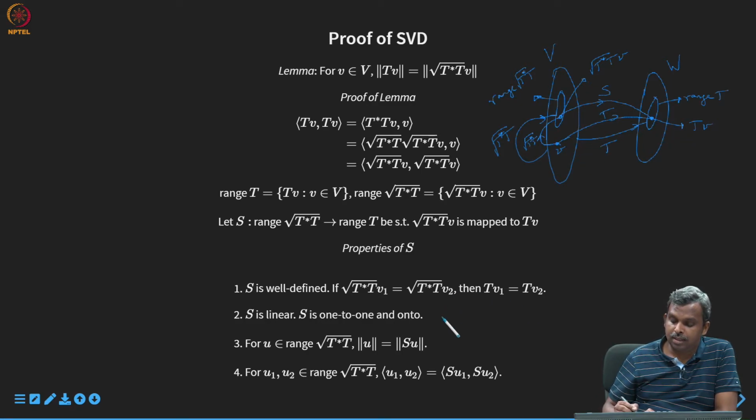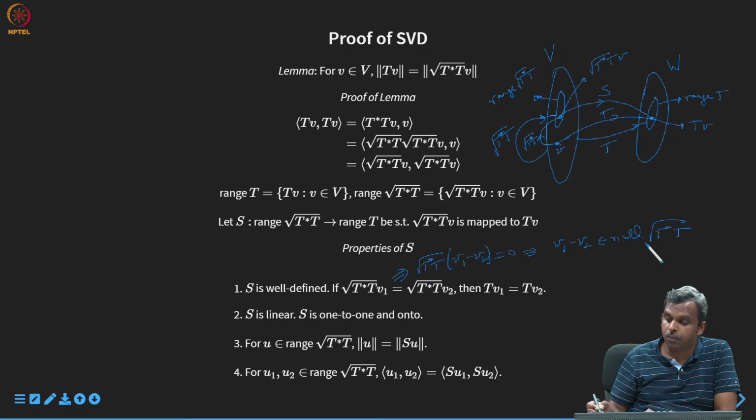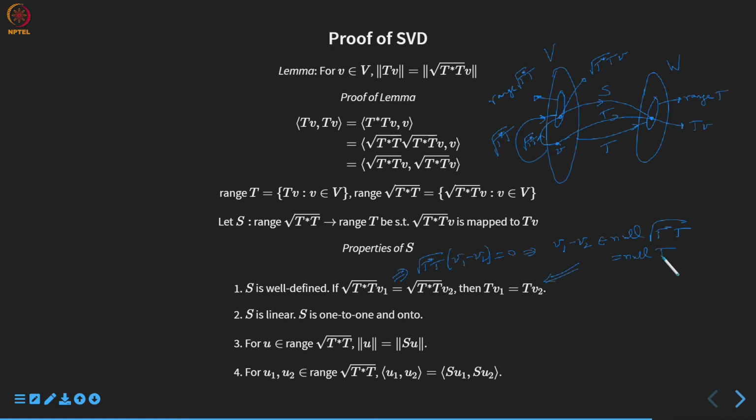This is not very difficult to show. So square root T star T (V1 minus V2) is 0, which implies V1 minus V2 is in the null space of square root T star T, which is equal to the null space of T. So T of (V1 minus V2) is 0, and T V1 equals T V2.